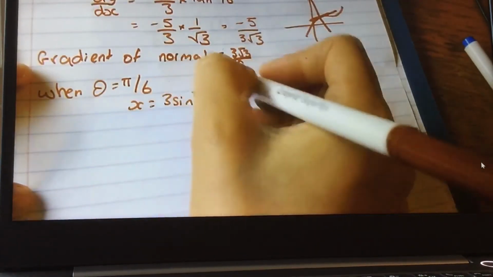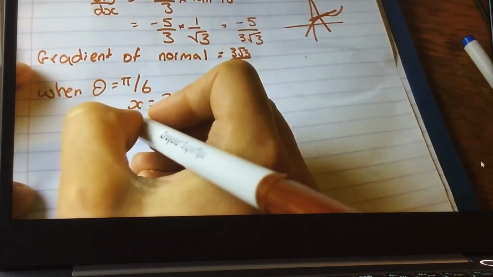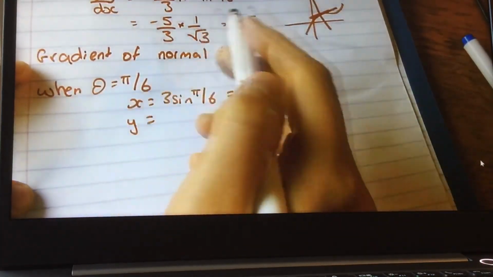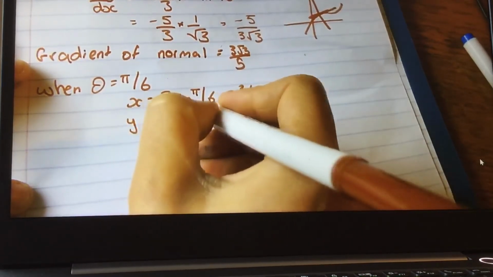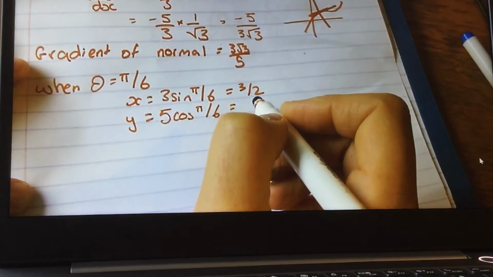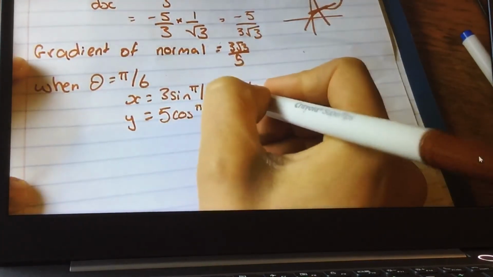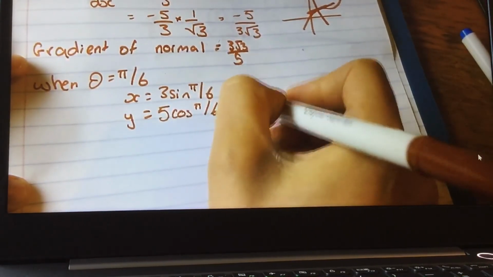Well, that's just sine 30, which we all know is a half, so that's 3 over 2. Y is equal to, we take our equation for y, which was 5 cos theta, so it's 5 cos pi by 6. And that would be root 3 over 2. So we end up with 5 root 3 over 2.